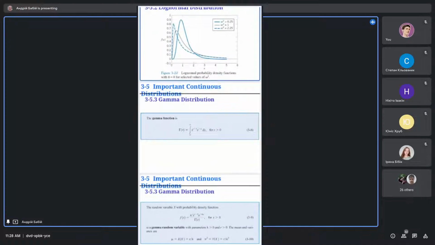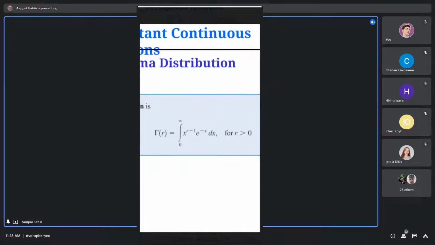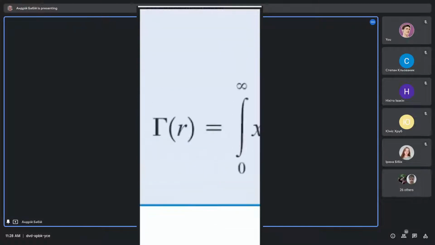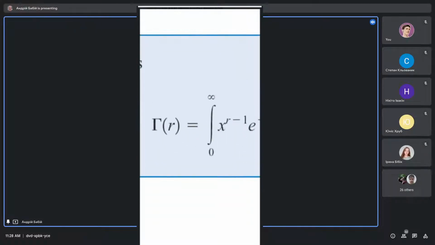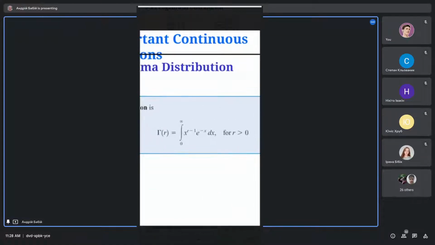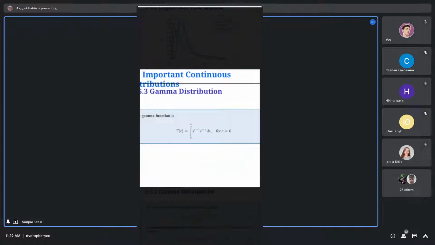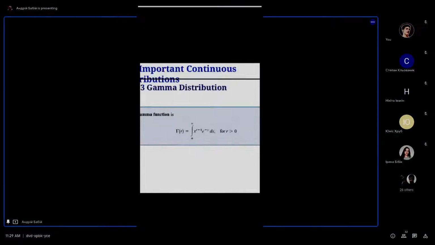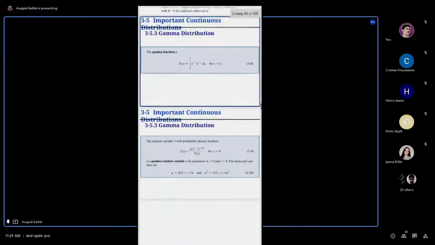Next example of distribution is a gamma distribution. It's called gamma distribution because we are using the gamma function. This letter in the Greek alphabet is called gamma. And here you can see integration from 0 to infinity. And we can see the formula of this gamma function.